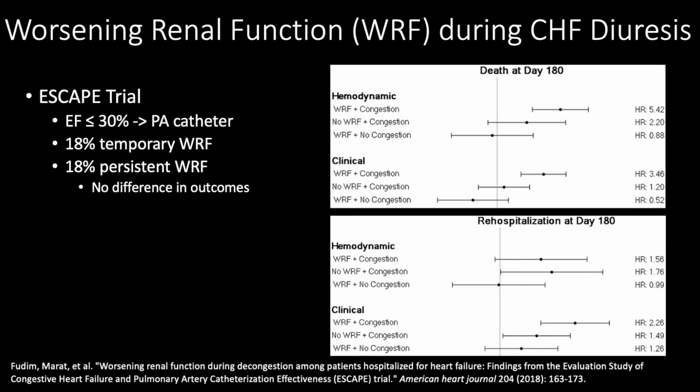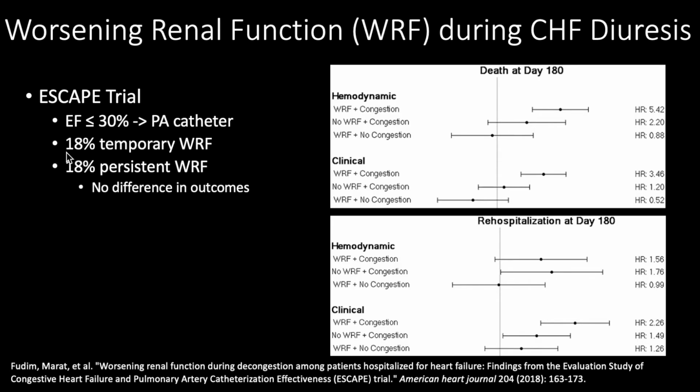Another large trial, the ESCAPE trial, looked at a similar question. This was a much sicker population overall. So these are patients with severely reduced ejection fraction at 30% or less, requiring pulmonary artery catheterization. And in this group, a lot more patients had worsening renal function, almost 40%.